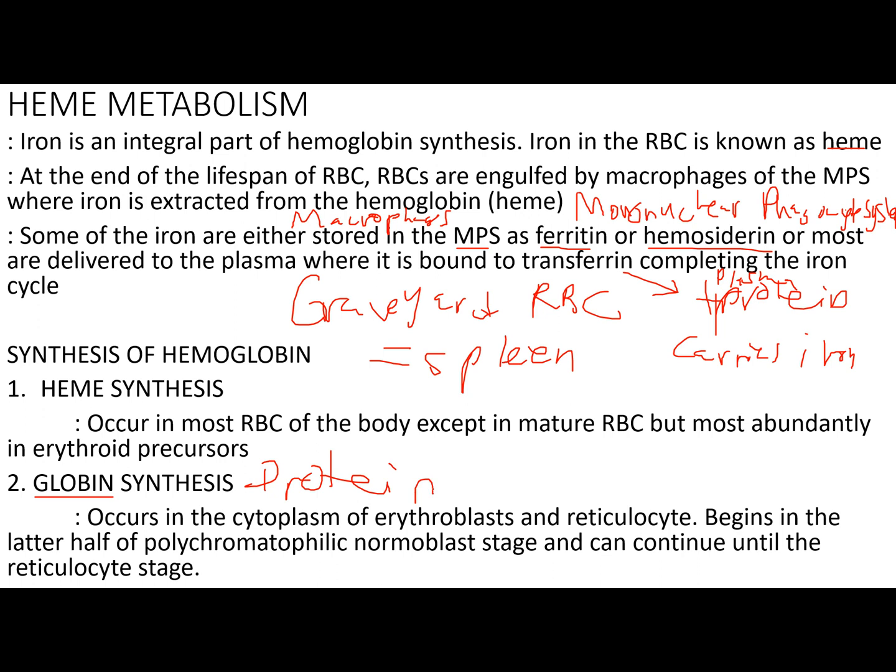Now, globin synthesis, class, would occur in the cytoplasm of erythroblasts and reticulocytes. It begins in the latter half of the polychromatophilic normoblast stage and can continue until the reticulocyte stage. So please copy.